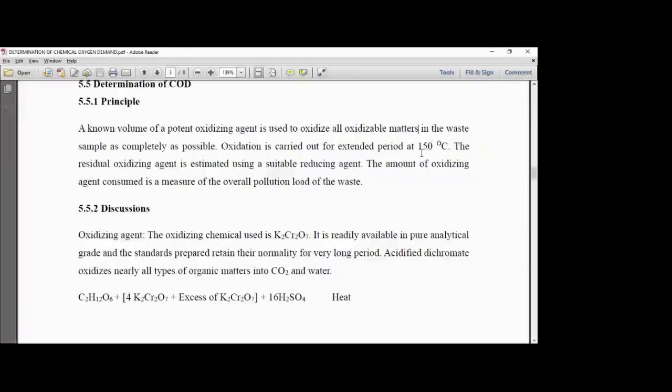After that, I'll be finding out how much of the potassium dichromate is required for the oxidation of all the oxidizable matter by using ferrous ammonium sulfate, and the amount of potassium dichromate required for the oxidation can be related to the overall pollution load of the waste. Now, I think that I've made you understand this principle in the easiest way possible.